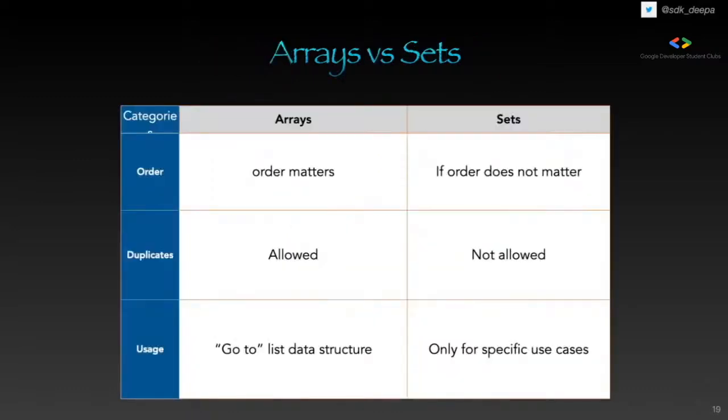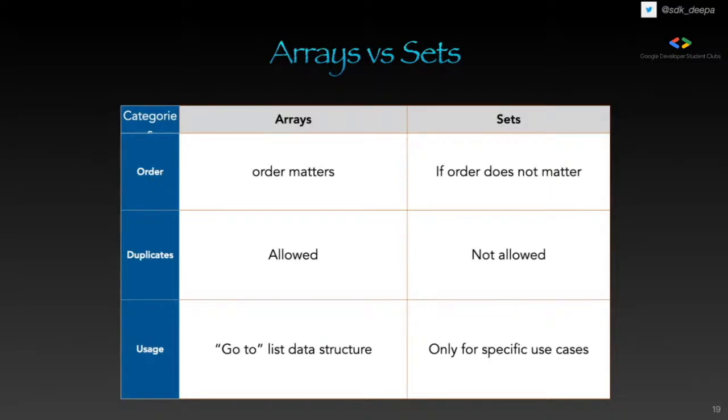So just to give you a comparison between arrays and sets: sets do not contain duplicates, and you don't have an index for sets. Also, sets are keyed collections. Order matters in an array. Duplicates are allowed, and arrays are the most widely used data structure.